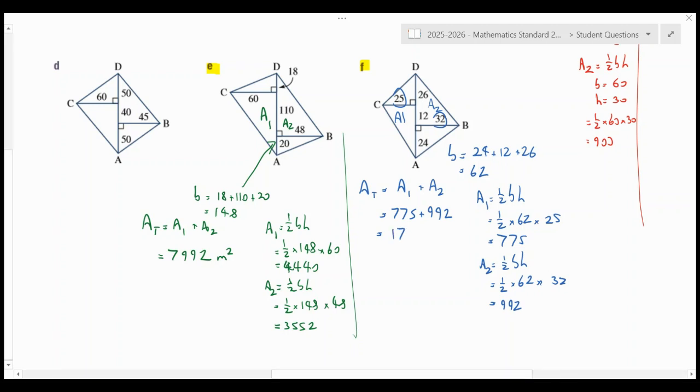Yep, cool. 1767 square meters. So all you had to do there was recognize that they are both triangles. These ones you had to calculate the base and then multiply by the relevant perpendicular height. And you know it's perpendicular height because there's that lovely little box telling us it is perpendicular. Alrighty.